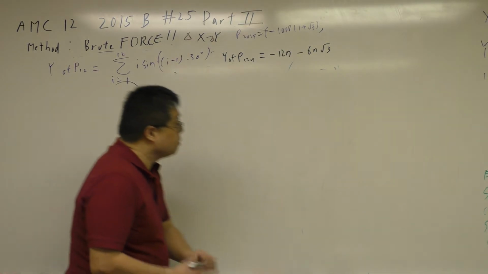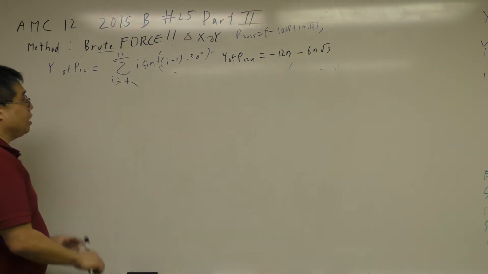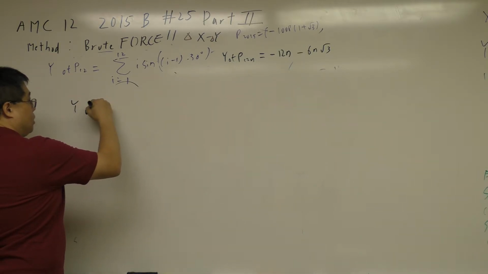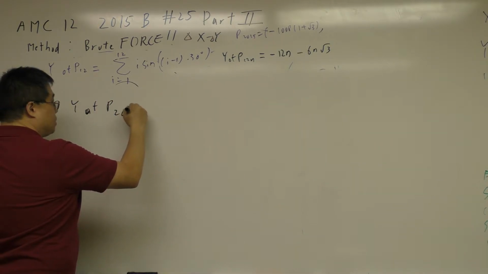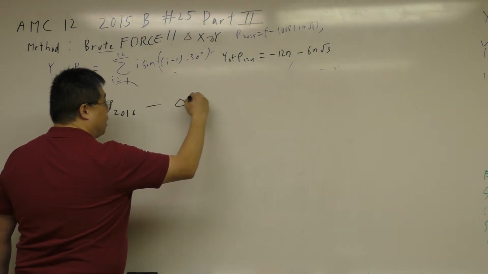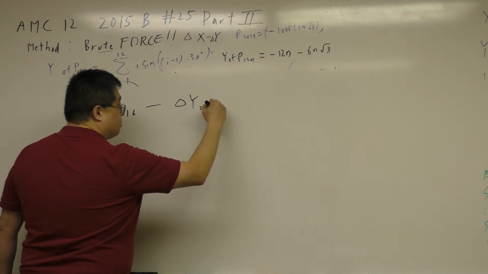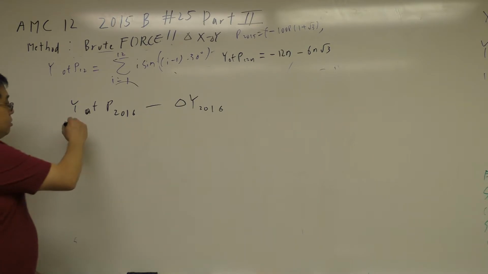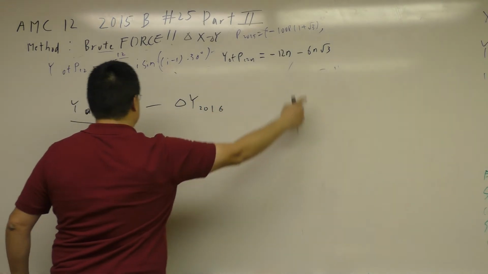For the 2015, again, we can think about this as y of P2016 minus the delta y of 2016. The same trick we used for the x. This one, we now have a simple formula to calculate.